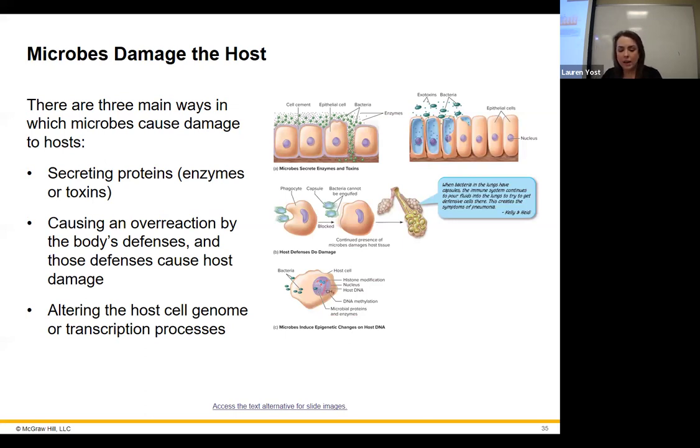Maybe they are making some sort of product, or maybe they just have a molecule associated with them that triggers the immune system. There's a lot that can go on there, but if you're triggering the immune system too much, that too much response that can't be regulated can cause a lot of damage to the body. And then we have altering the host cell genome transcription process. That's the epigenetic stuff we just mentioned, so changing what genes are making what.